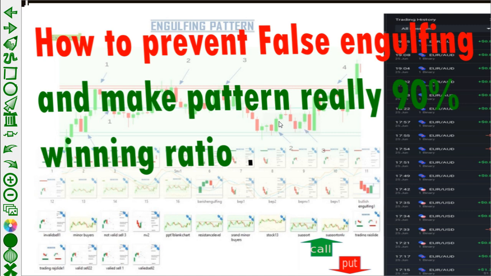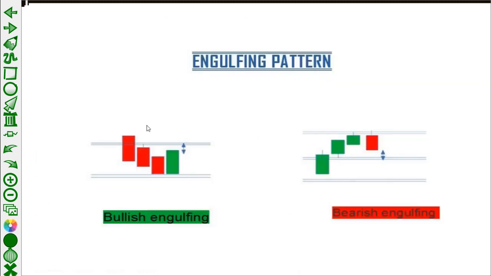Welcome back guys. For those who don't know what an engulfing pattern is, here is a little intro. The engulfing pattern is a strong reversal candlestick pattern which is workable across all time frames. There are two types of engulfing patterns: one is bullish engulfing and the other is bearish engulfing.